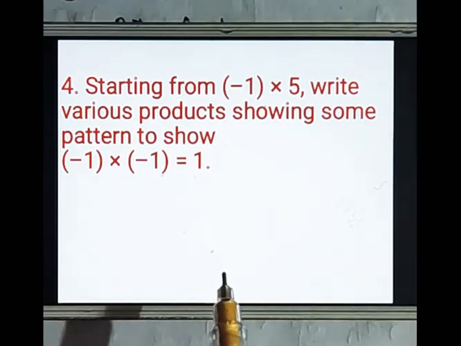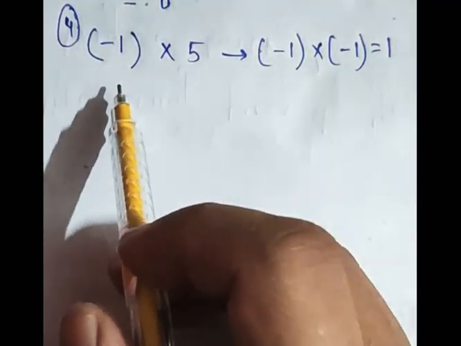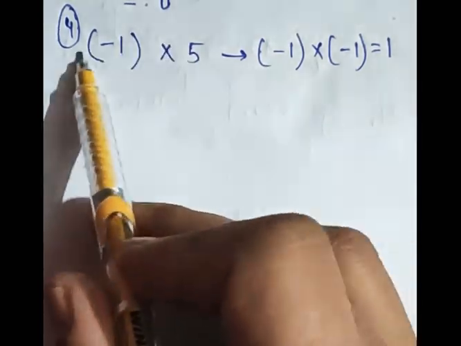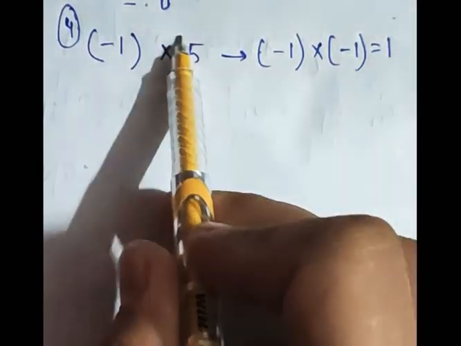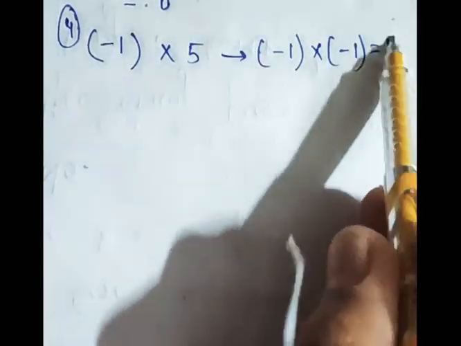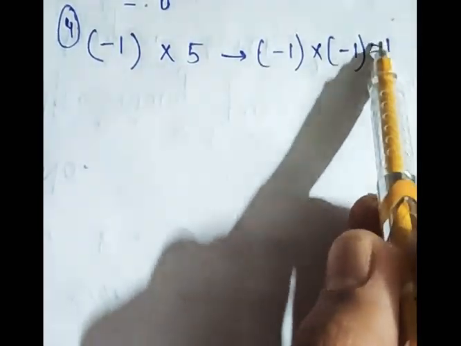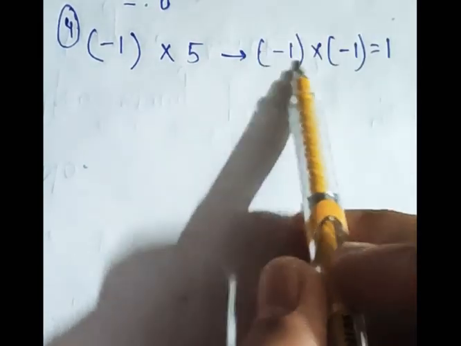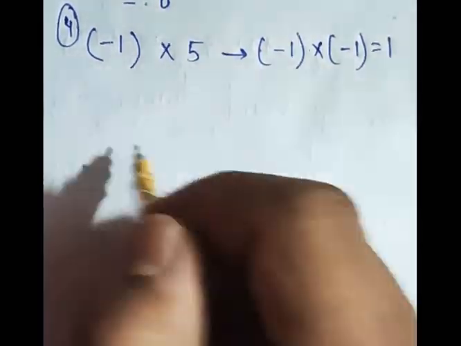Let us solve this. This is one of the trickiest ones, and you'll enjoy doing this. Okay, so question number 4 is this. Starting from this, you have to show the pattern till this. So let us start.